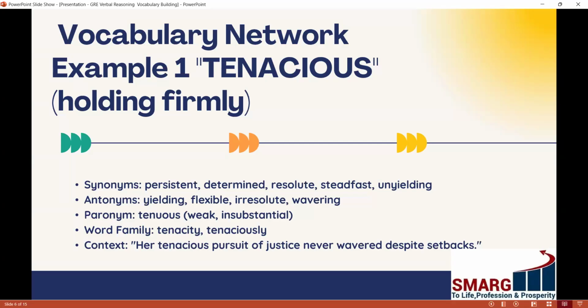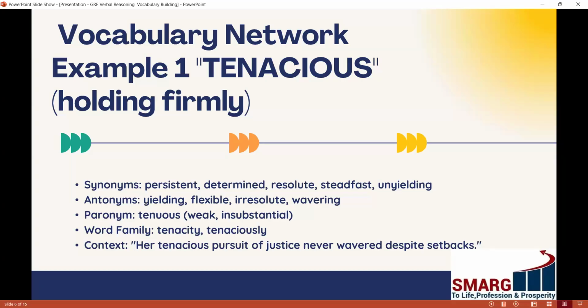In fact, it's an opposite. So now, tenacious and tenuous, the moment I see them, I'm not going to get confused. I got a new word, I got a new nuance. I understood that this is a word that is somewhere structurally similar but meaning completely different. And I added this to my dictionary.